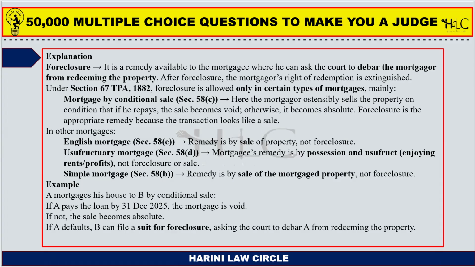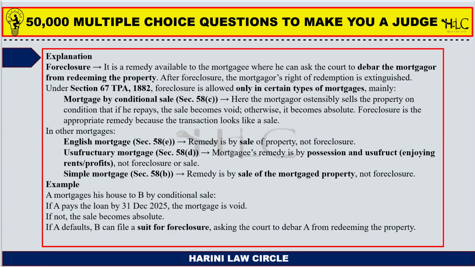So this right which is available to the mortgagee is known as foreclosure under the TPA 1882. Section 67 of the 1882 Act states that foreclosure is allowed only in certain types of mortgages, mainly mortgage by conditional sale under Section 58 clause C. The mortgage by conditional sale is mentioned under Section 58 subclause C, whereas when it can be enforced through foreclosure is mentioned under Section 67.